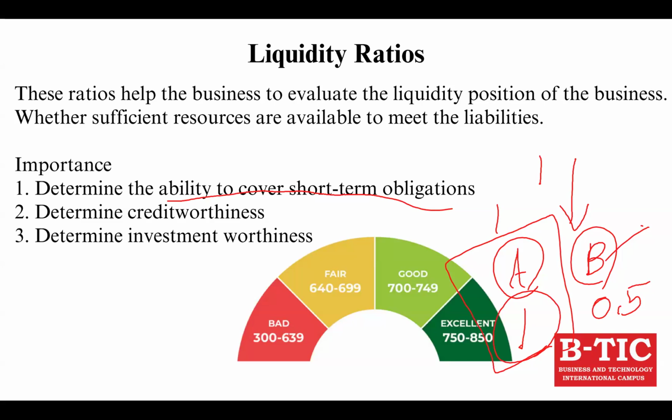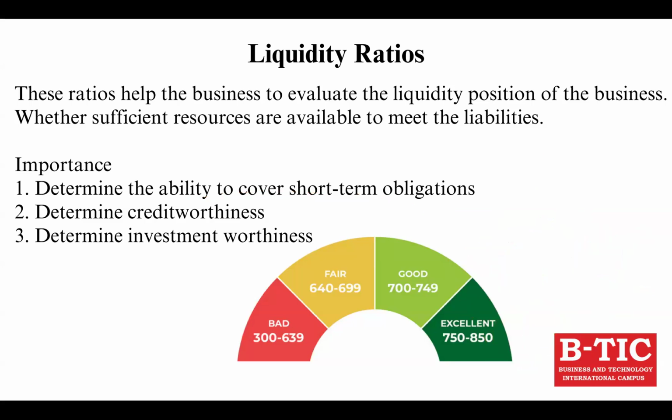And creditors and investors expect this ratio to be even higher, maybe 2 or 3. So the higher the ratio, the better it is for the company.